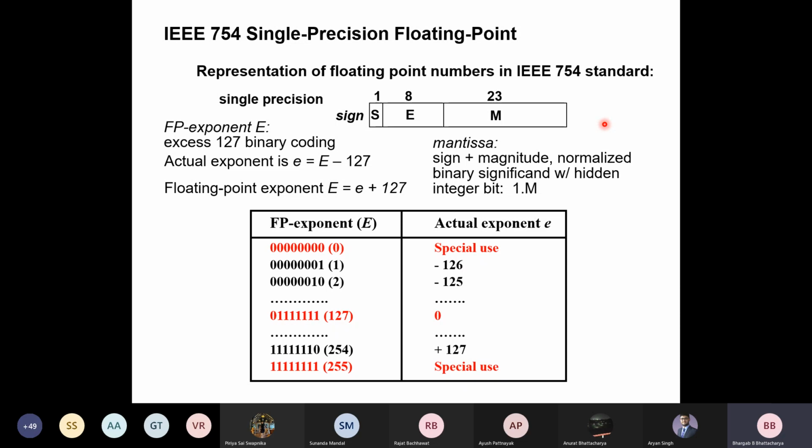Because the hidden bit is always restored, even if all mantissa bits are 0, the number would represent 1.0 times 2 to the power something, right? Then how do I represent the number 0?